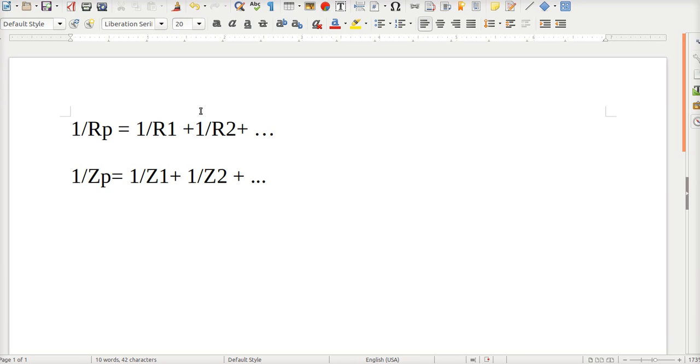So it's the same formula, except now in AC you have these angles. You have vectors, and the vectors are pointing different ways. In DC, these were vectors, but they all point in the same way, so the angle was always 0. Here the angle can be plus 90, minus 90, can be a mixture, can be 0, can be whatever.